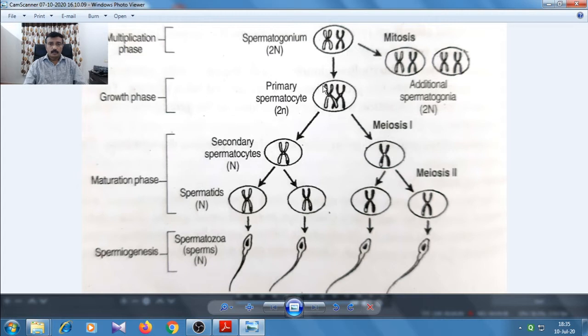So the primary spermatocyte undergoes the first meiotic division, and as a result what is formed?